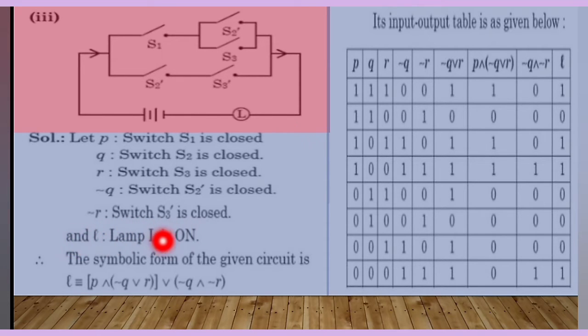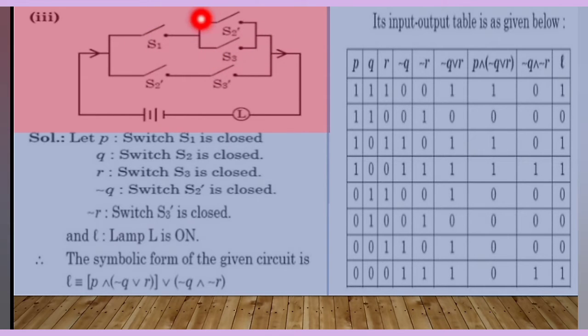The symbolic form of the given circuit: the name of the circuit is small l, and write down the symbolic form. Start from this switch. This is P and negation Q or R. See, first bracket, P and negation Q or R. This is the symbolic form of these switches.